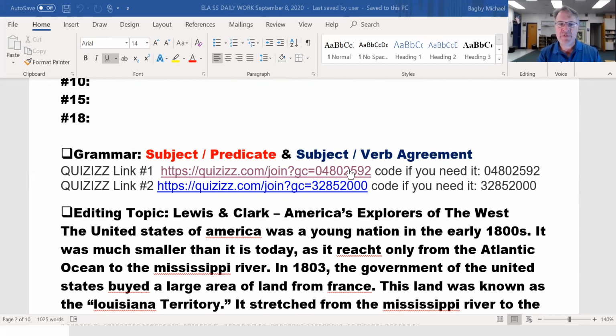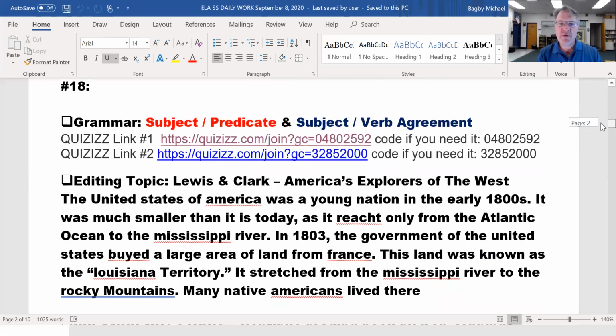What is that? I would say that's a fragment. I'm going to stop right there. I'm not sure if you were able to see that. I hope you were. I think Zoom is a little different in that whatever we put up on the screen, you can see. But there's two quizzes there, one on subjects and predicates and complete sentences, the other on subject-verb agreement.